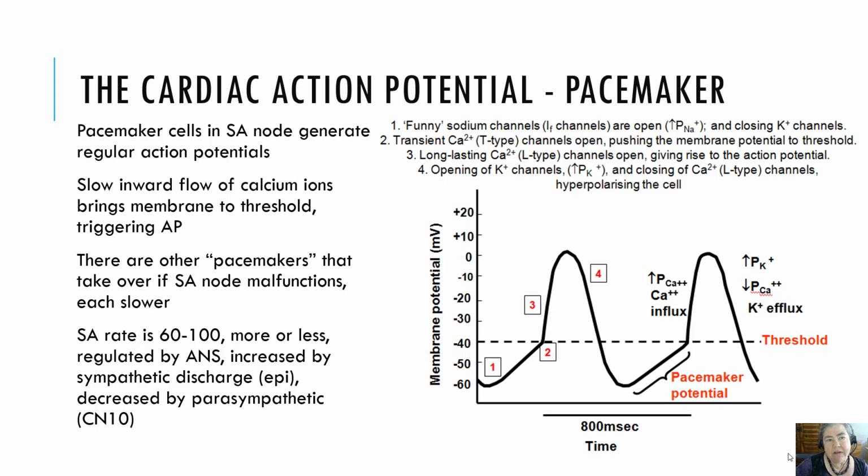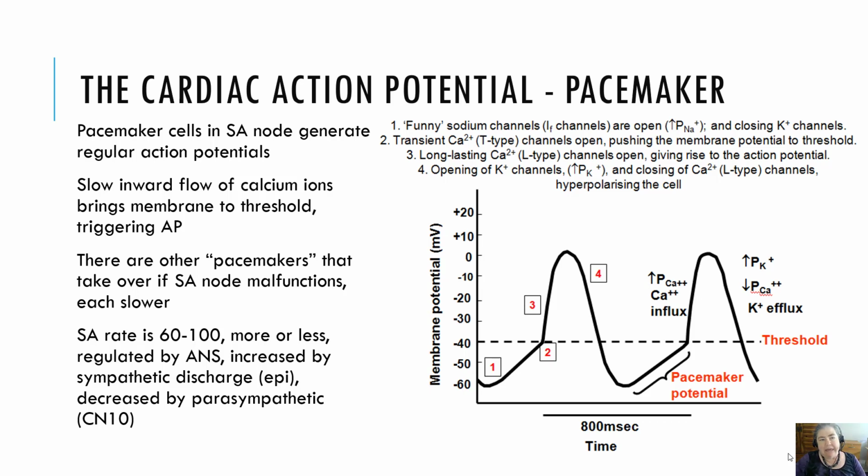The SA node, the sinoatrial node, as I've said before, is the pacemaker of the heart. And it has this characteristic, this quality that we call automaticity, in that it automatically depolarizes.